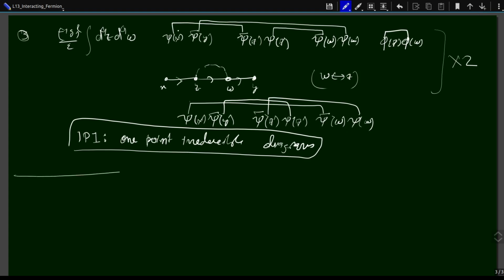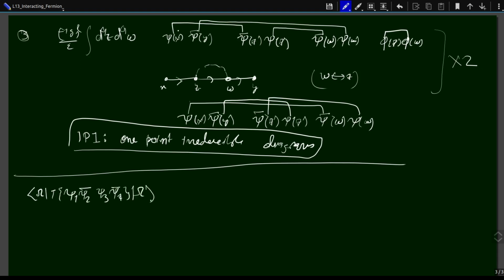Okay, so if I'm looking for this time-ordered product of psi 1, psi 2 bar, psi 3, psi 4 bar, the first term in the numerator will be the 0th-order time-ordered product of psi 1, psi 2 bar, psi 3, psi 4 bar.